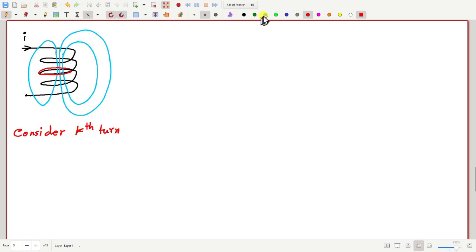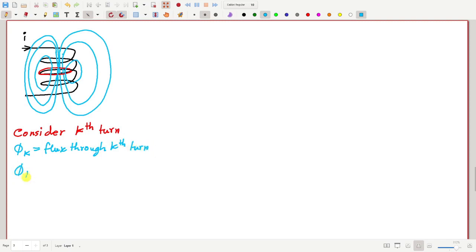Suppose the flux going through this kth turn, that means the amount of flux that crosses this turn, is phi k.